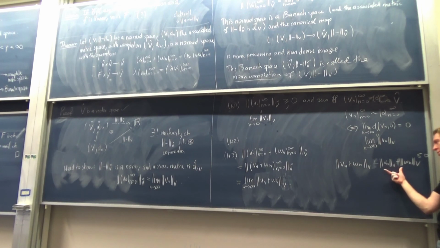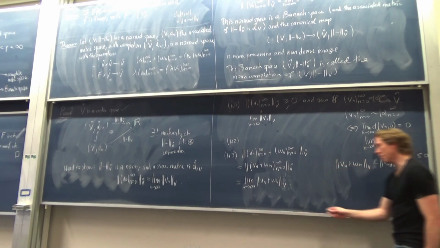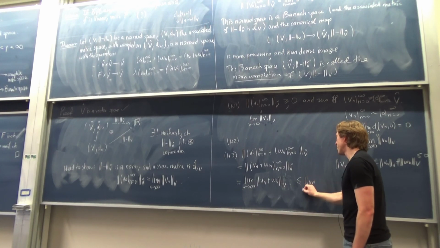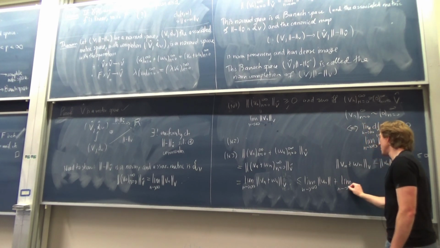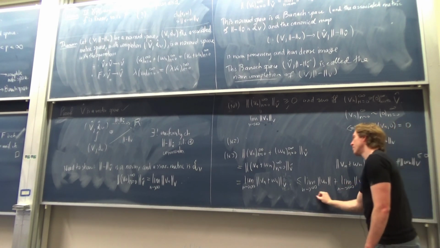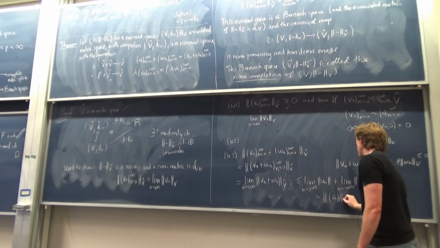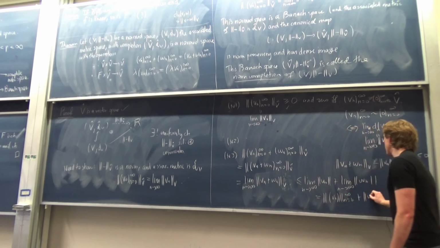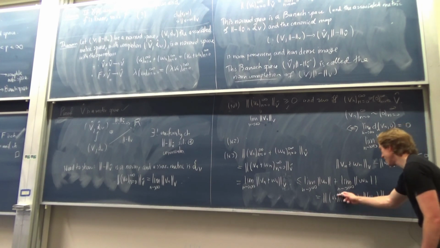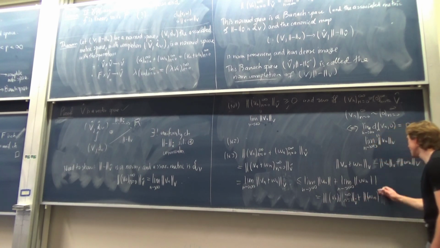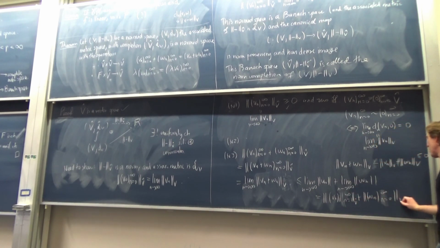Taking a limit of things which are less than or equal to 0 must give me something less than or equal to 0. So the limit of this is less than or equal to the limit of that plus the limit of that, which is what I want. That was similar to what we did before. So that's the triangle inequality.